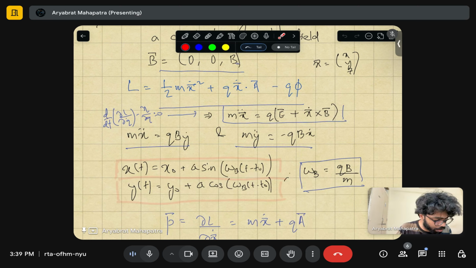Here omega b is your cyclotron frequency.